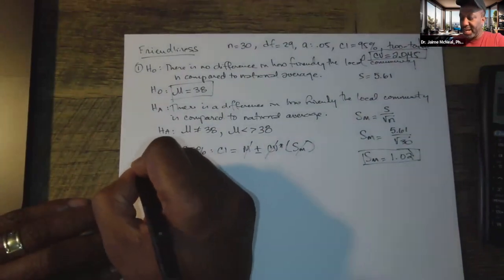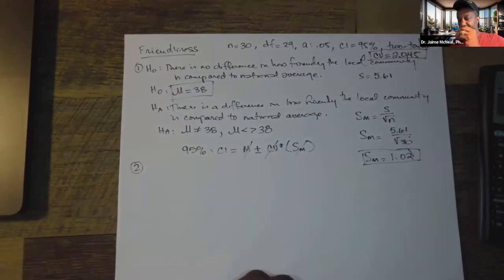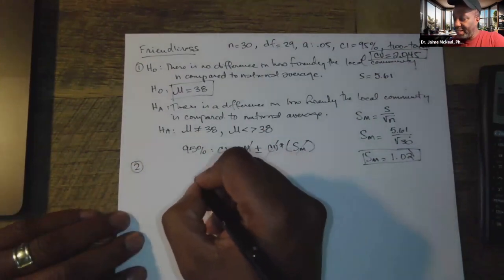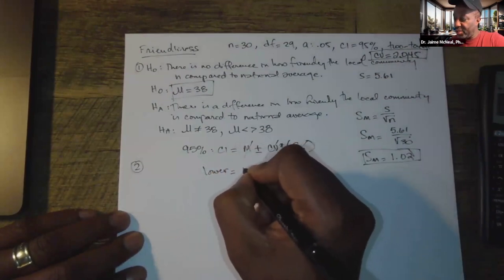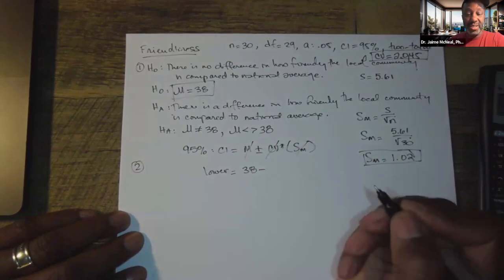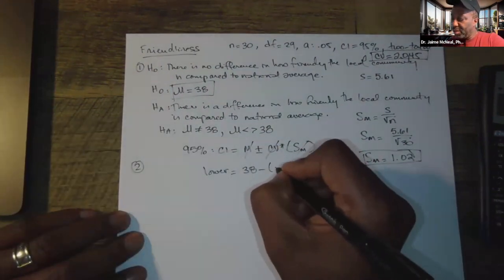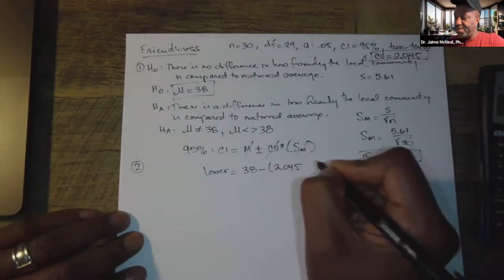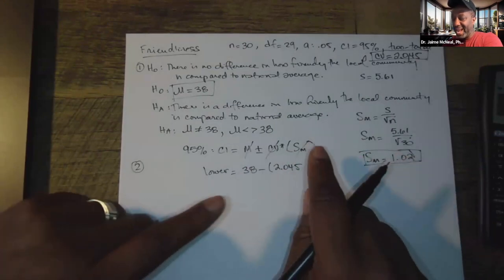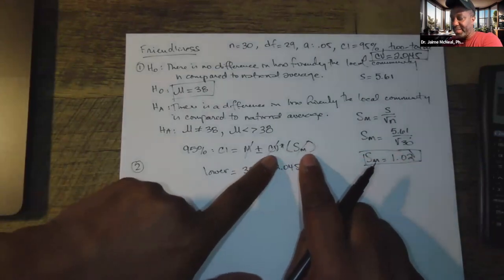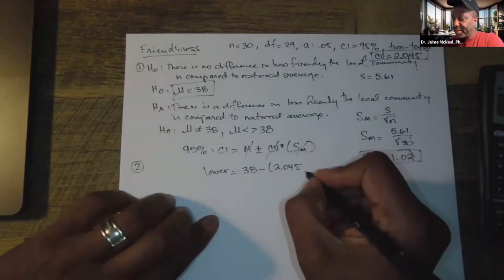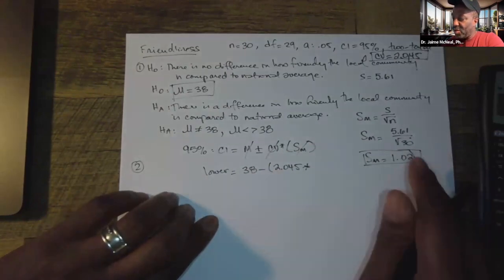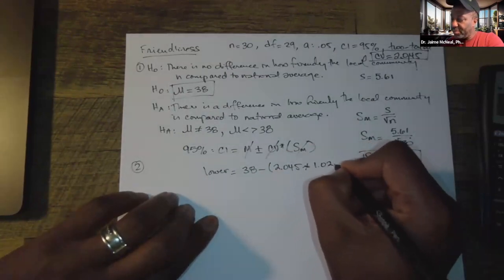calculate the confidence interval. So let's just fill it in. I like to do the lower first, right? The lower is 38 minus, because we're doing lower, 2.045, and I'm putting the parentheses around that because we have to calculate the product of this, and then subtract it from 38, times 1.02.